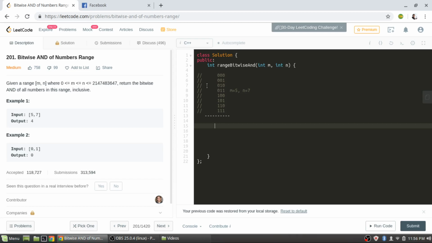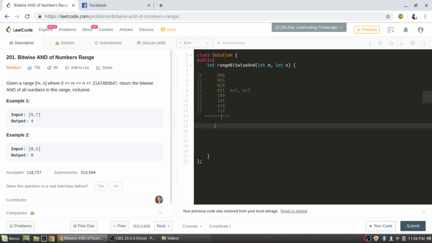So if you write all the numbers from m to n, we'll have a maximum of 32 columns. I'm calling them the 0th column, first column, second column, till the 31st column.